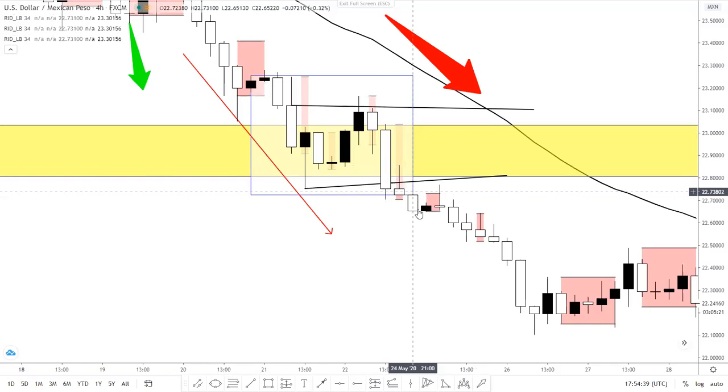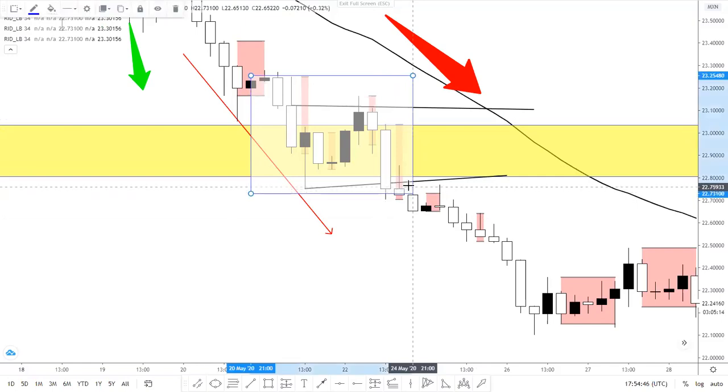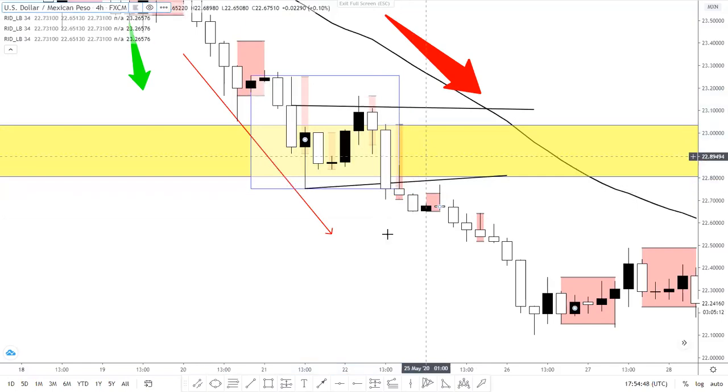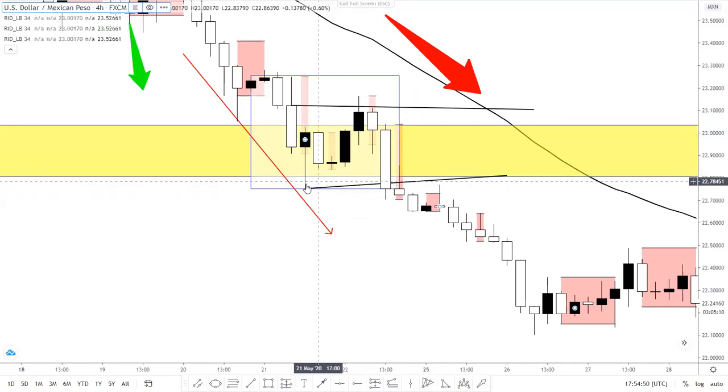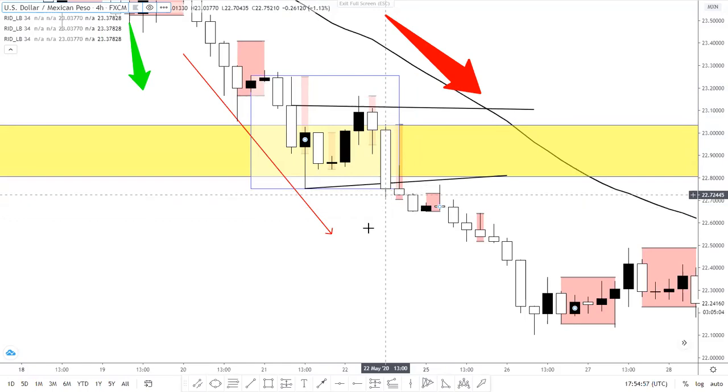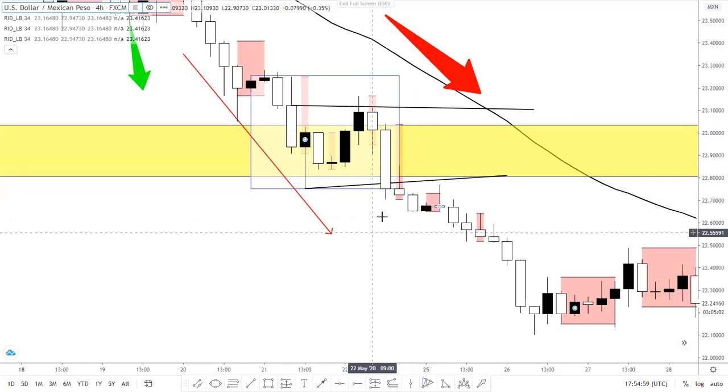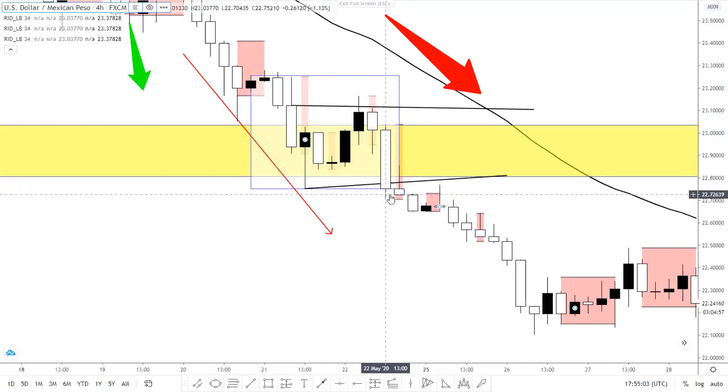So when did price break out? Price broke out here. Actually, to be precise, I'm taking this high, this low, and this, okay? But you can see price broke out here. Hope you can see that. So you want to wait for the next candle, and you want to sell at its close.